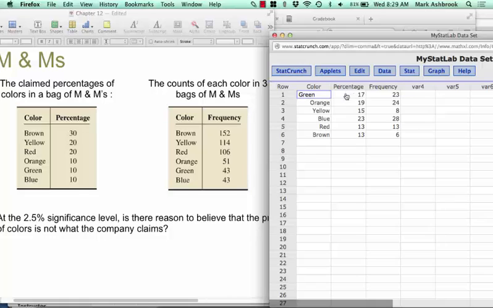Okay, so for M&Ms, green, 10%. Orange, 10. Yellow, 20. Blue, 10. Red, 20. And brown, 30.